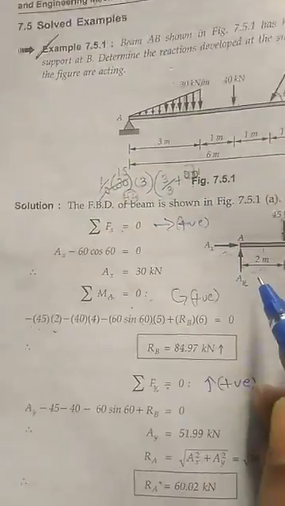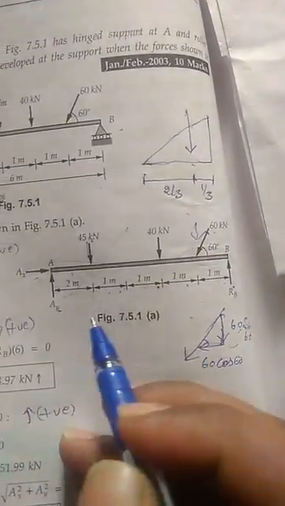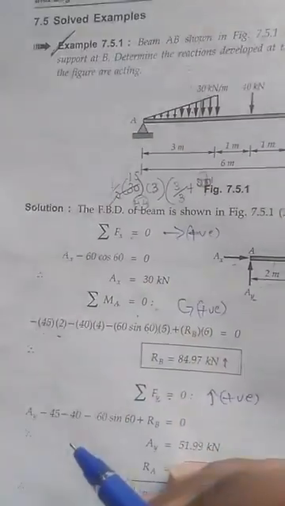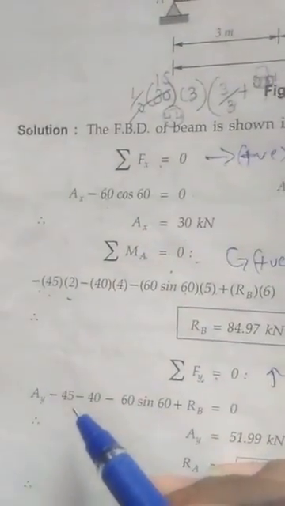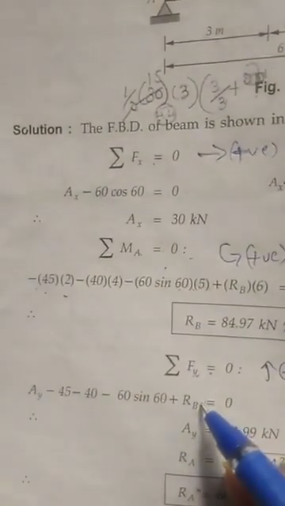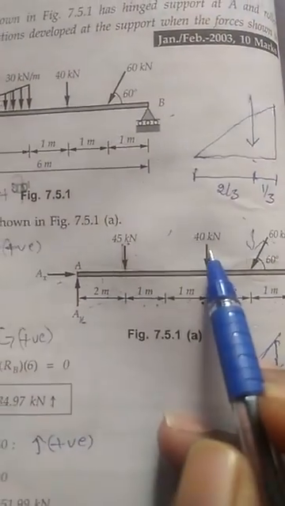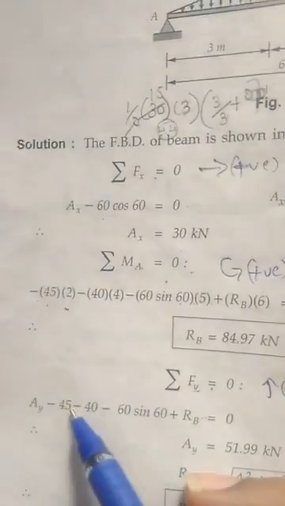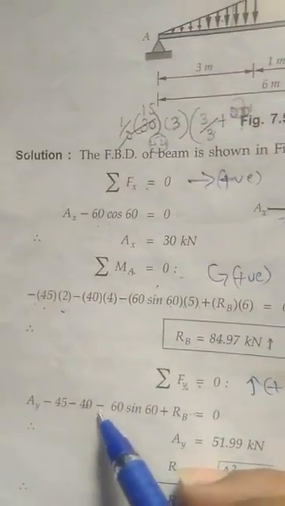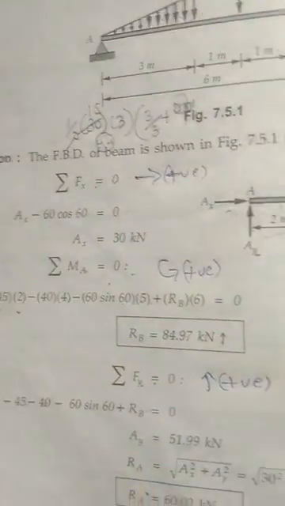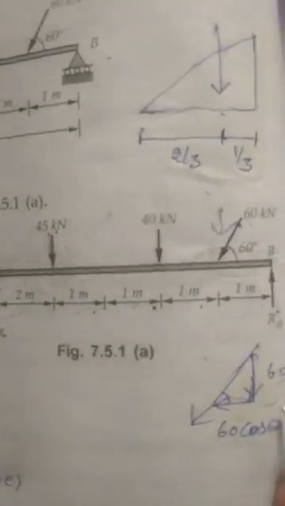AY and RB are both in upward direction, and the rest are all in downward direction, 45 and 40 downwards.